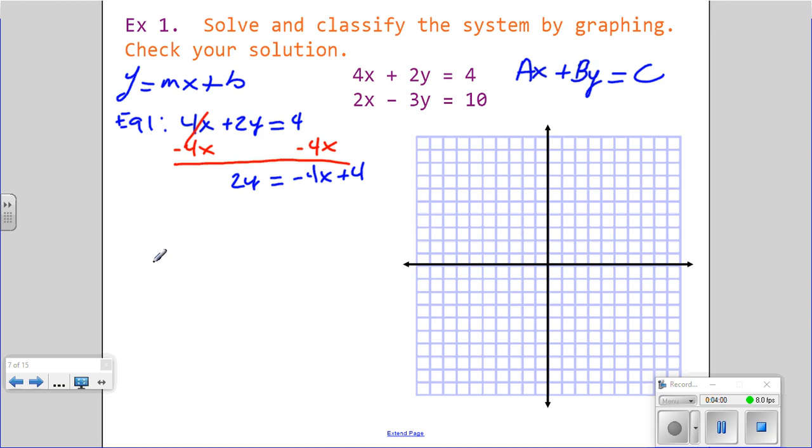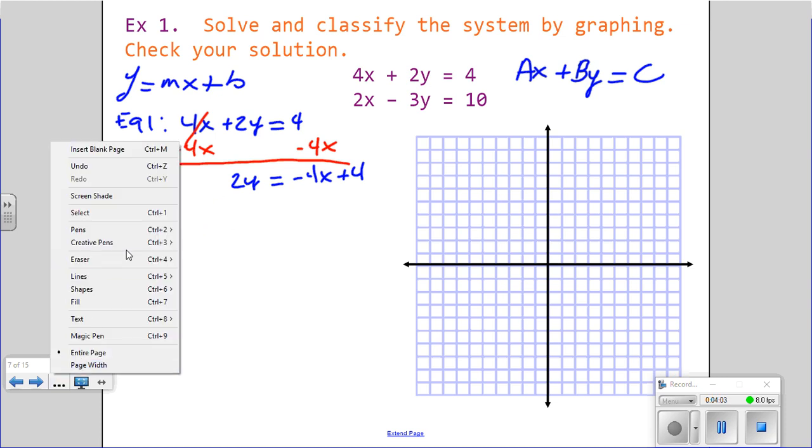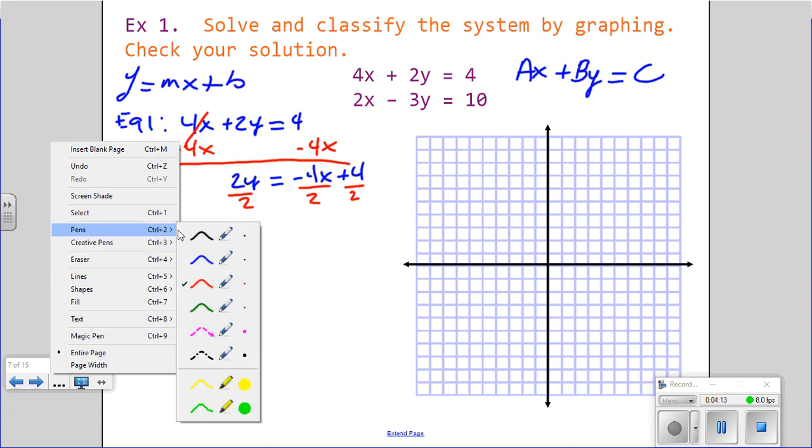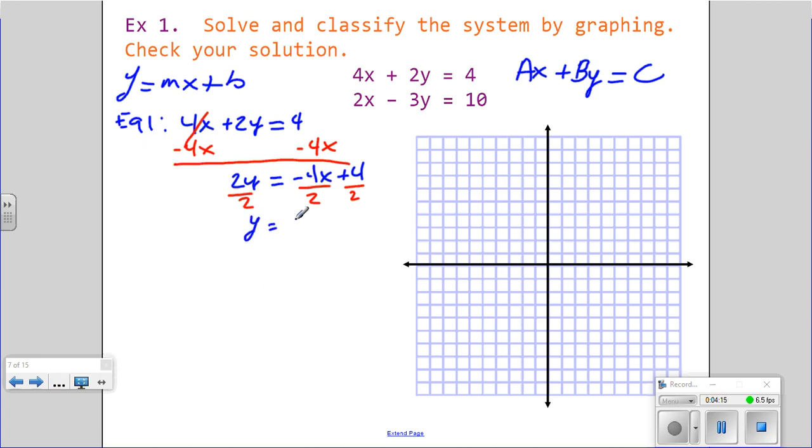And then you would divide everything by 2 to get y completely alone. Show that you're dividing all parts. And you would end up with y equals negative 2x plus 2. The reason for doing that is to identify the slope. So m is your slope, which is negative 2, and b is your intercept, which is 2.